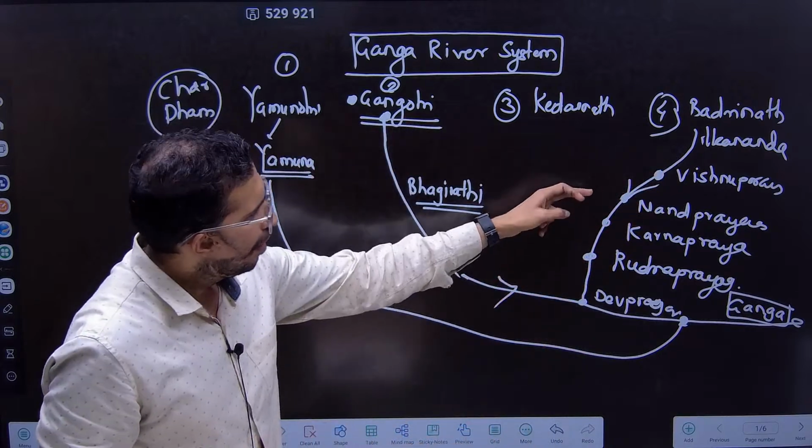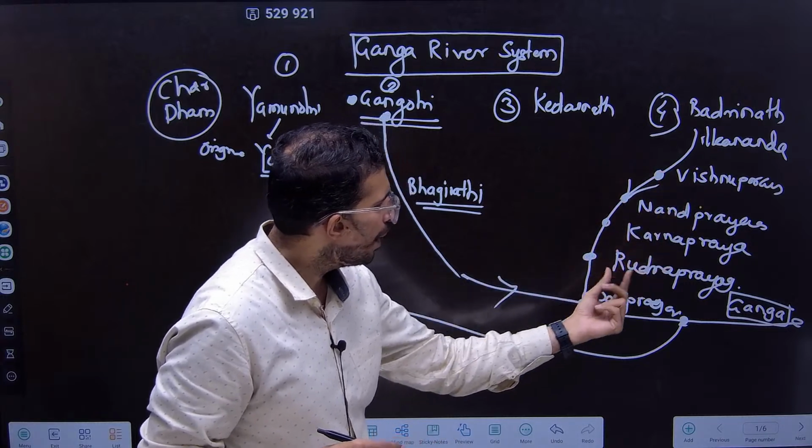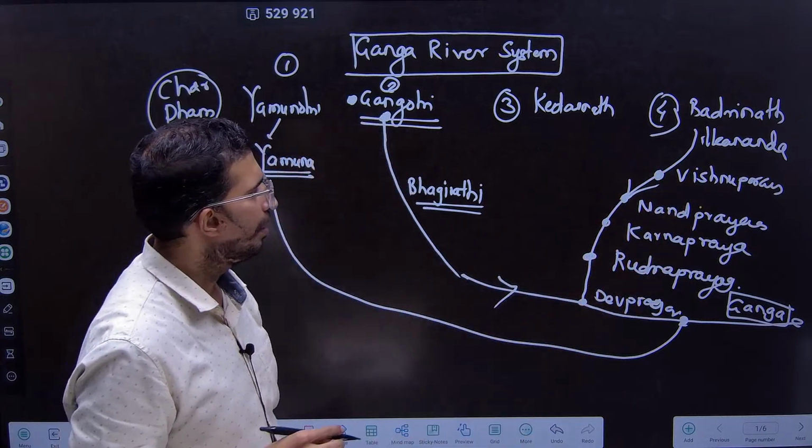These are the 5 Prayags. First one is the Vishnu Prayag, Nanda Prayag, Karna Prayag and Rudra Prayag.